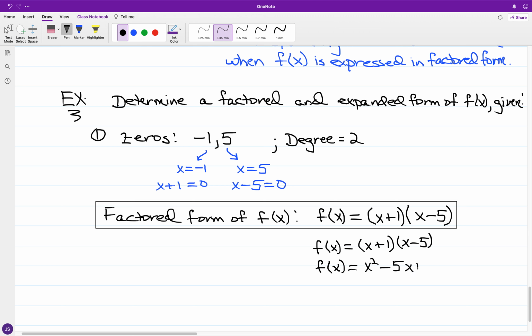Then we have plus x for the inside product, and the last product is going to be -5. And so for the expanded form, upon combining the middle two terms, we're going to have x squared, and -5x plus x, okay, so that is going to be -4x. We have -5.